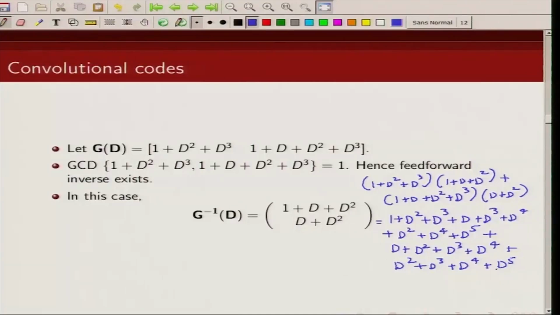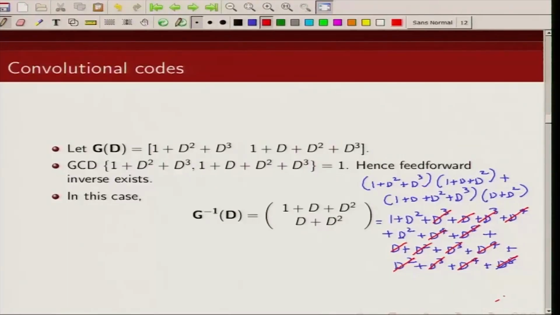Let us see: D^5 cancels out, D^4 cancels out, D^3 cancels out, D^2 cancels out, D cancels out.